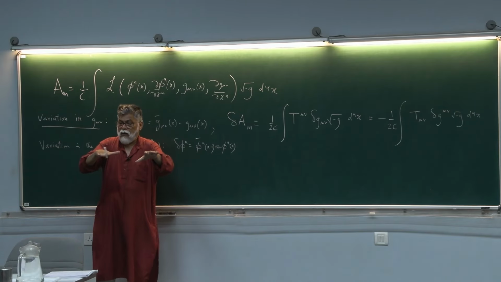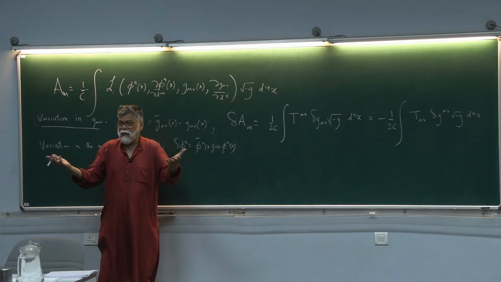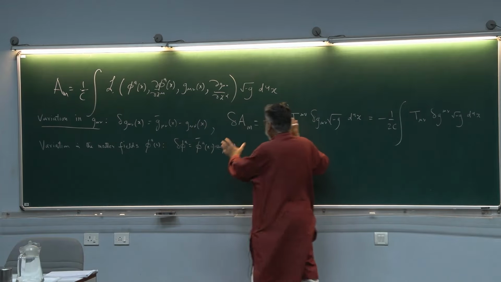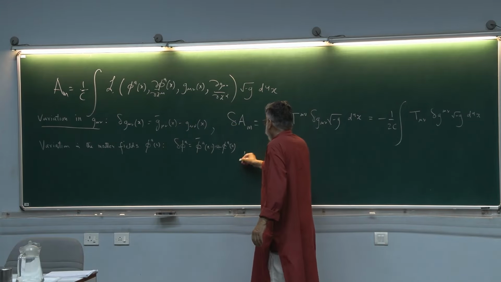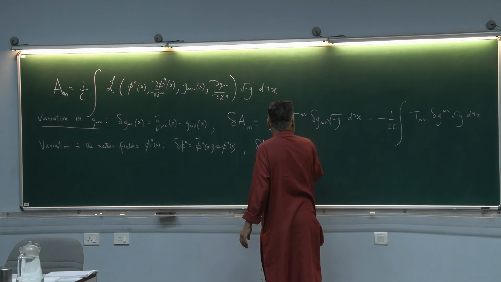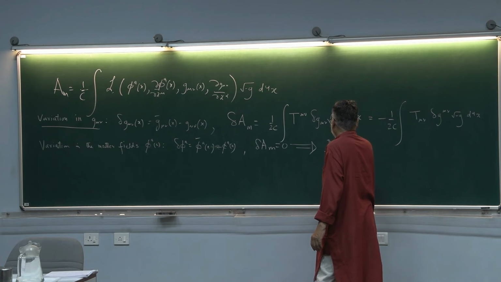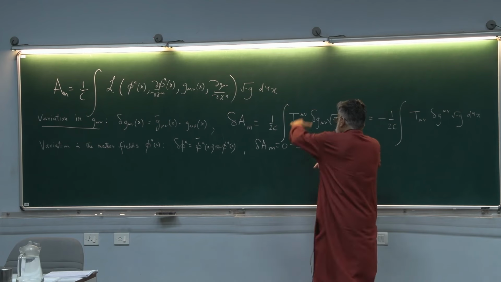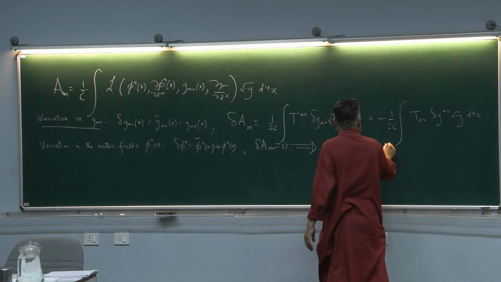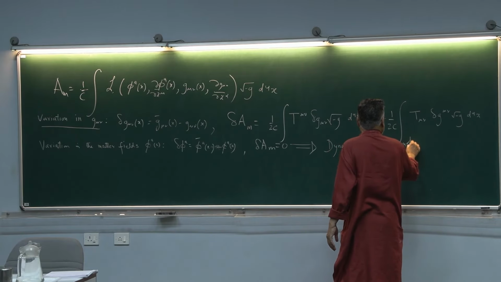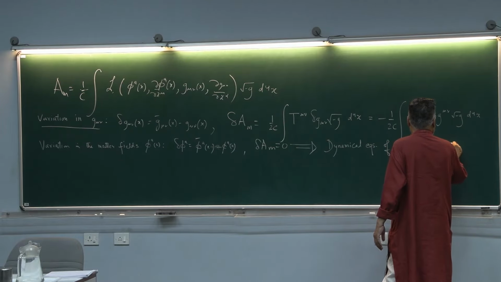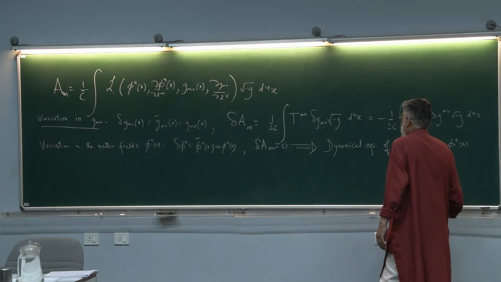You're either at the maximum or minimum, so if you make a tiny variation, there will be no change in the matter action. Here we didn't demand that delta A_m is 0 for the metric variation, but here we will demand that under this variation, delta A_m is 0, and then we will get back the dynamical equations of motion. So the two variations are different. This is called the Euler-Lagrange equation of motion for the matter fields.